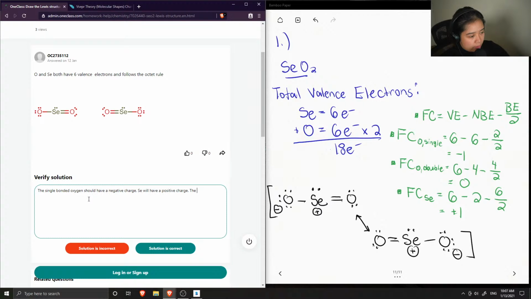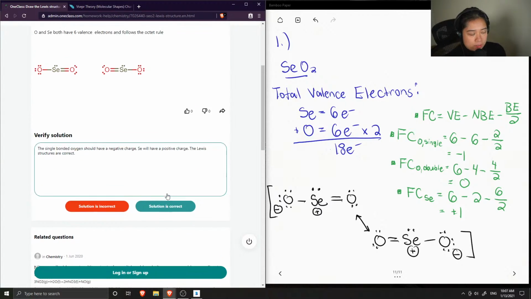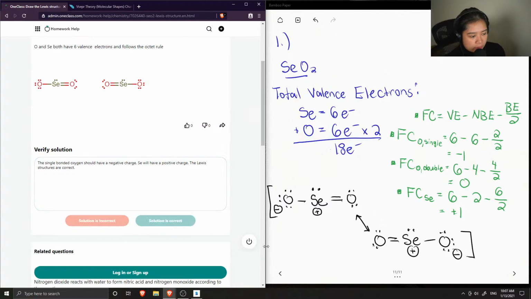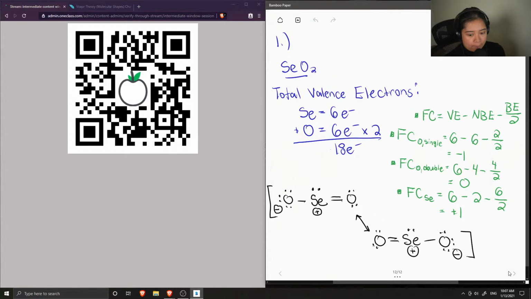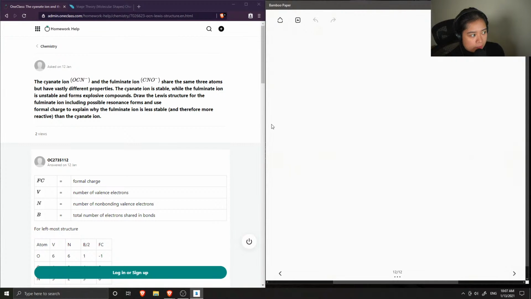But the Lewis structures are correct, so I'll say that this solution is correct. And moving on to question 2.